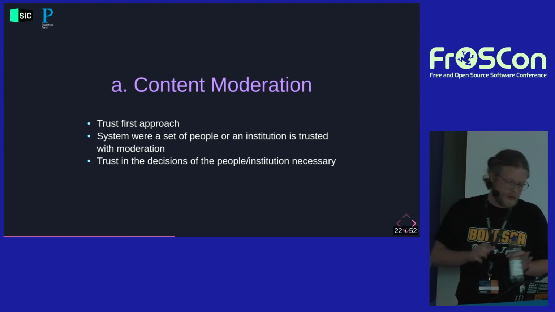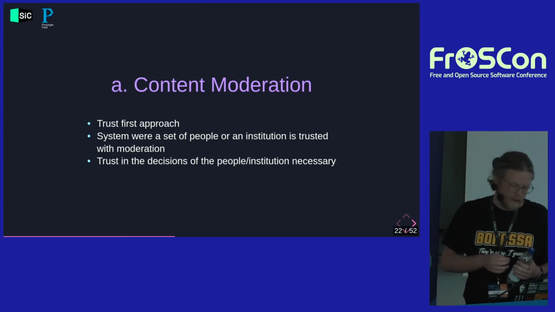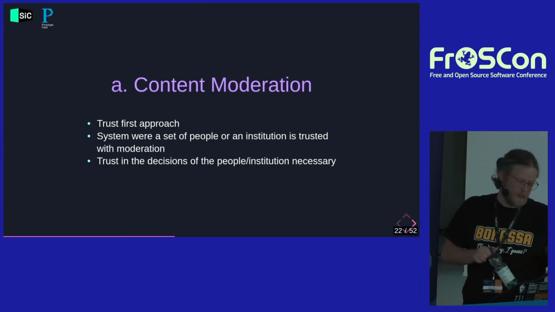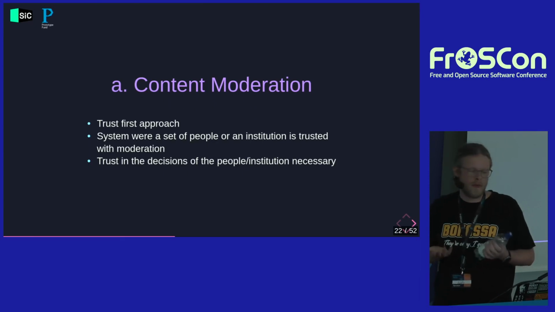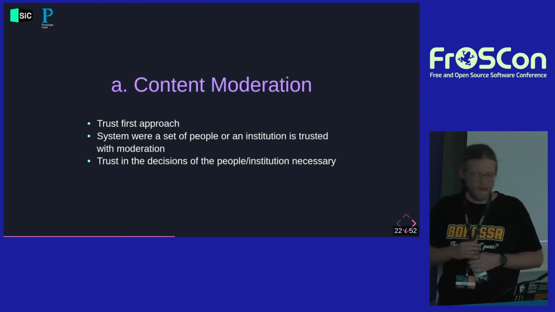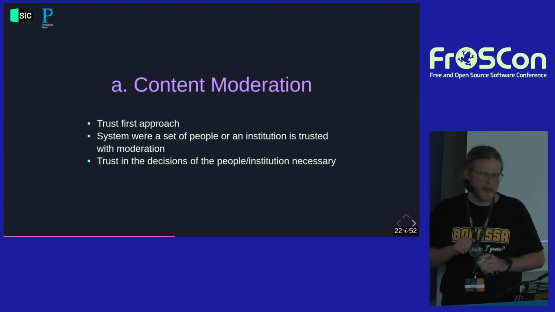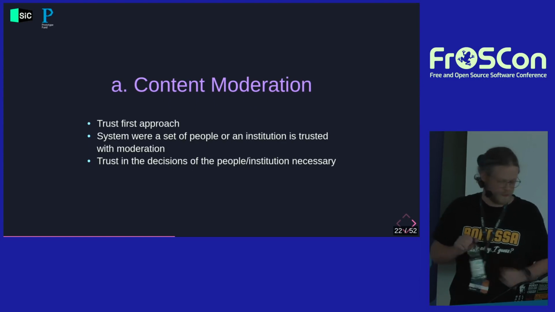And for this system to work, we actually have to trust in the process of the institution itself. And this is, for example, what we had with package management when we trusted the maintainers to do their job properly. And as with package management, that's also the reason why this approach doesn't really scale well.